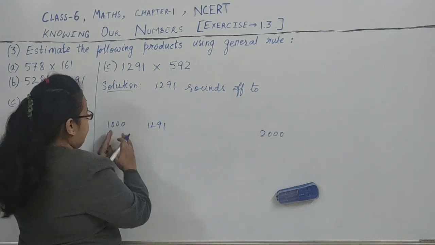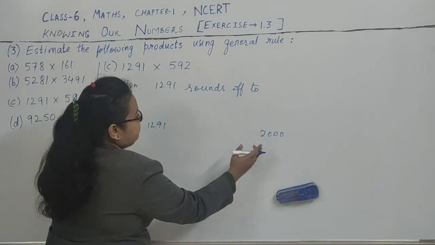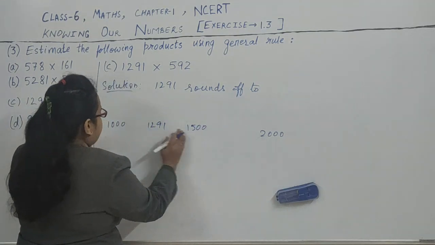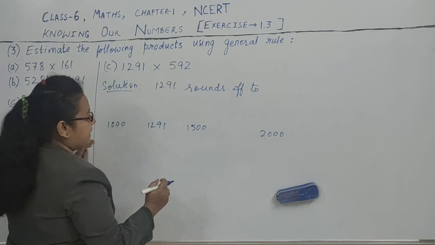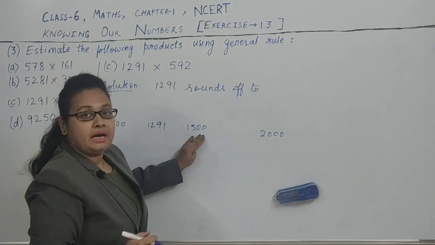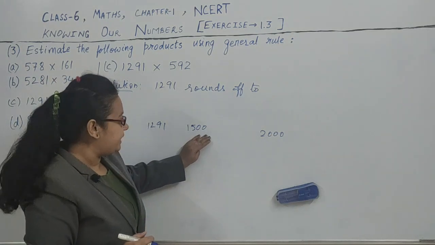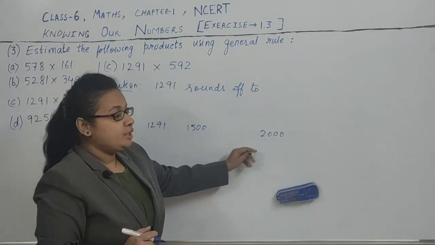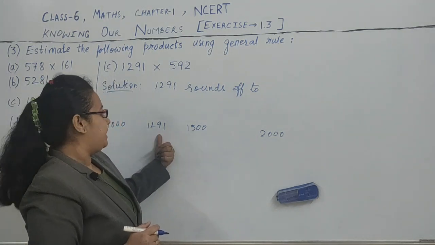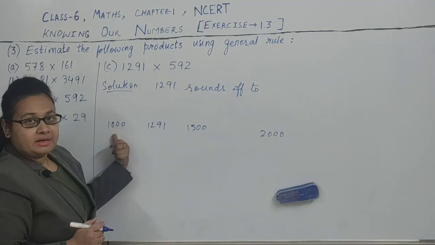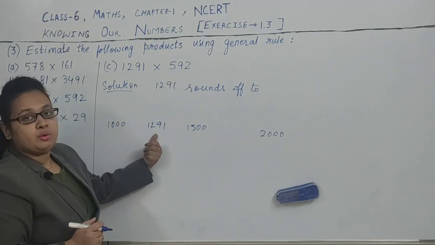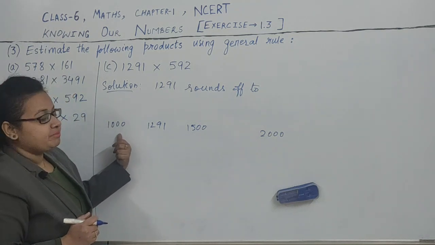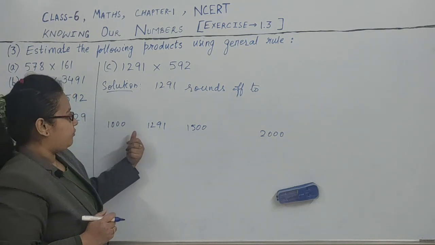Okay, then what is the middle number for 1000 and 2000? In between which number lies? 1500 is just in between 1000 and 2000, and this number is less than the middle number. Because the middle number is at equal distance from 1000 and from 2000, but this number is less than the middle number, so it is closer to 1000. So when we round off this number to the nearest thousands, we will round off to 1000, because 1000 is the closer thousand for this number.